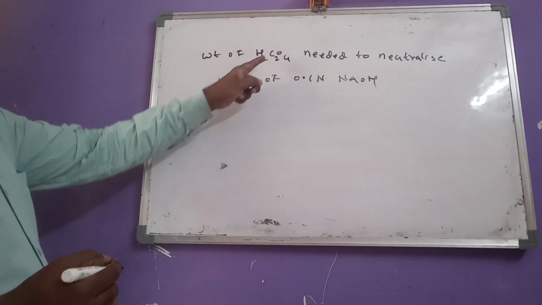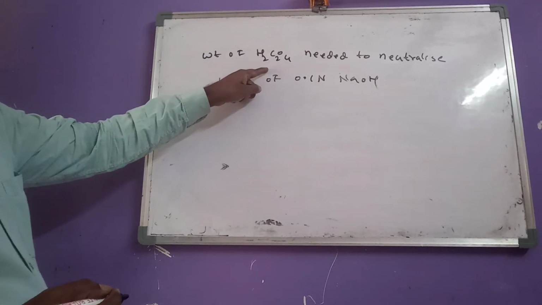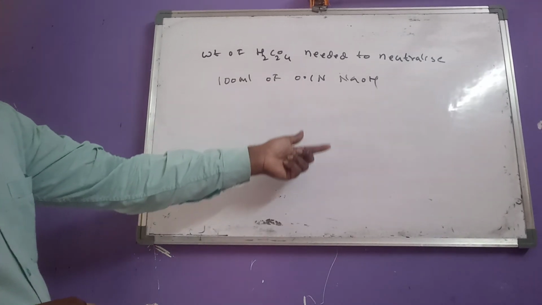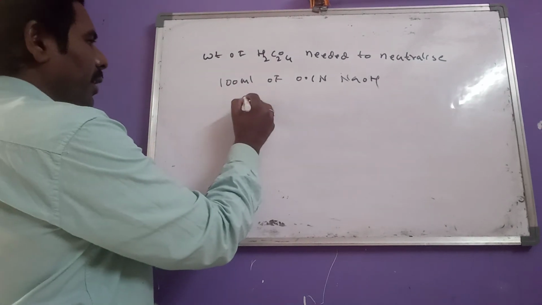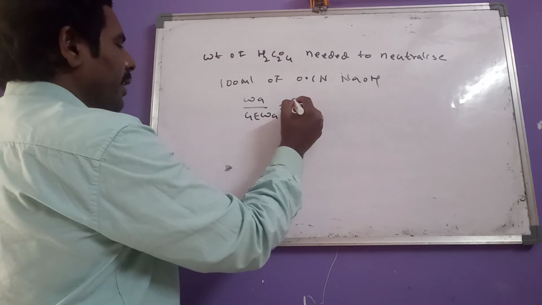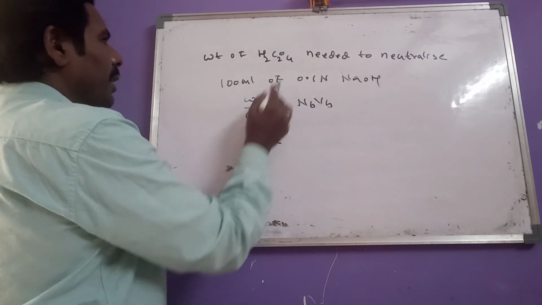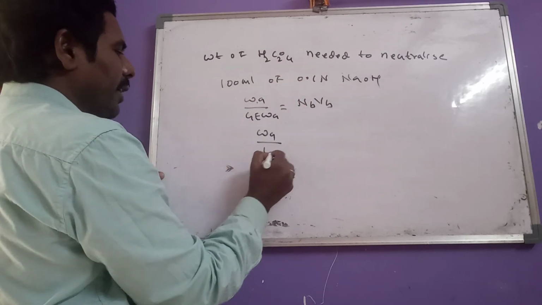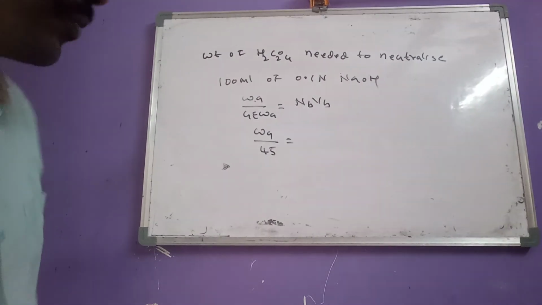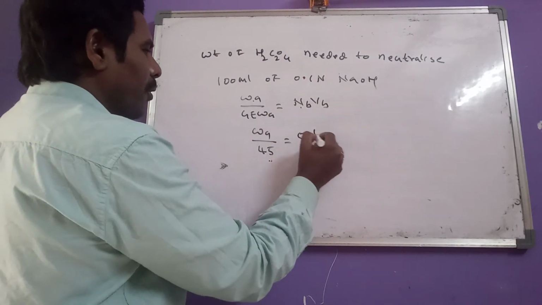Here the oxalic acid weight we need to calculate, so it is in solid state, and the volume of NaOH is given, so it is in liquid state. So the formula is weight of acid by gram equivalent weight of acid equals NbVb. The gram equivalent weight of anhydrous oxalic acid is 45. So weight of acid by 45 equals the normality given, 0.1.